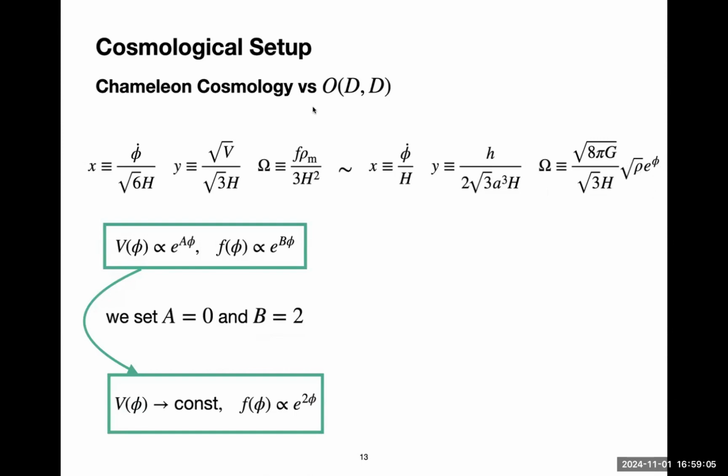To match this contribution in the chameleon setting, we set b to 2, but we need to be more careful with the potential because we don't want to break the ODD symmetry. So we take the potential as a trivial potential. We set a to 0 to have a constant scalar potential to preserve ODD symmetry, and also compare with the flux contribution in the ODD system as well.